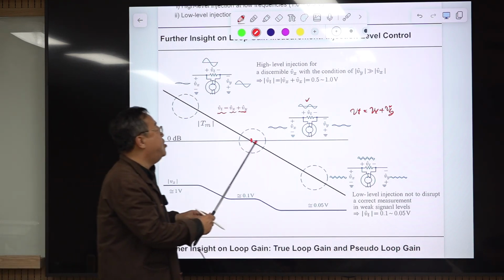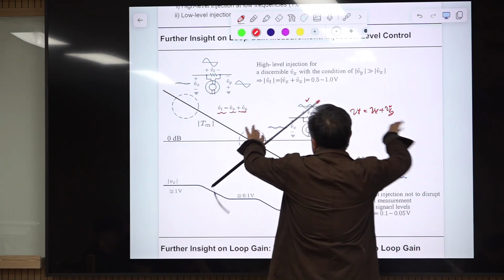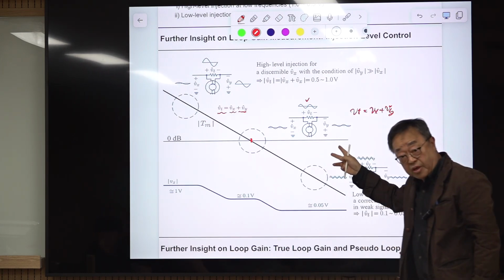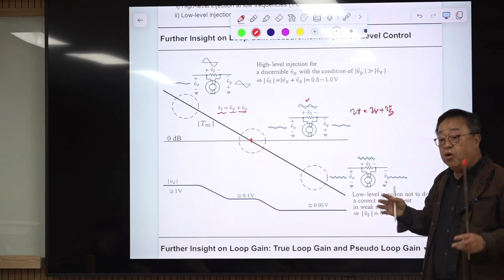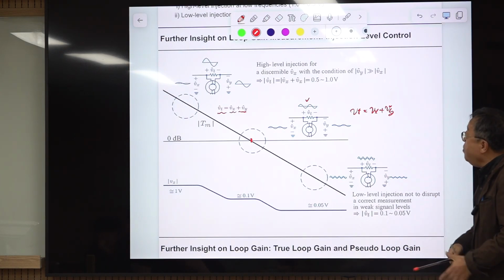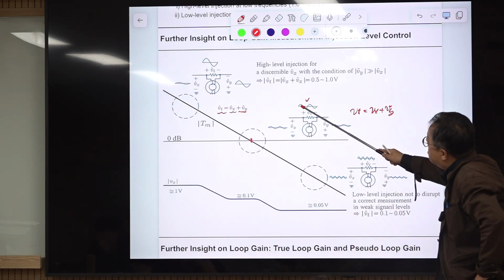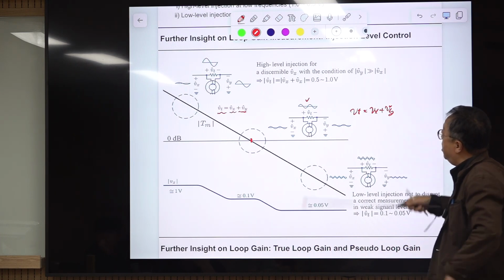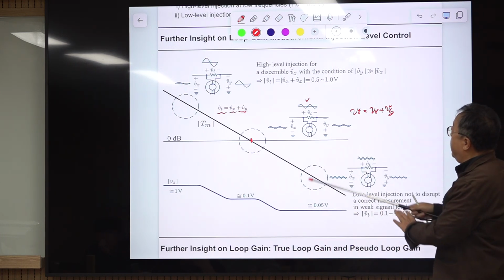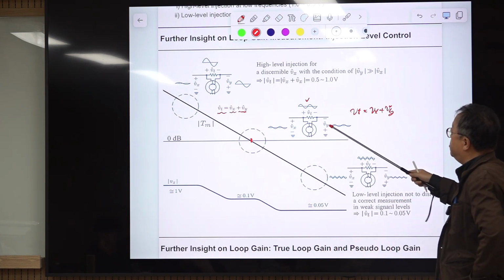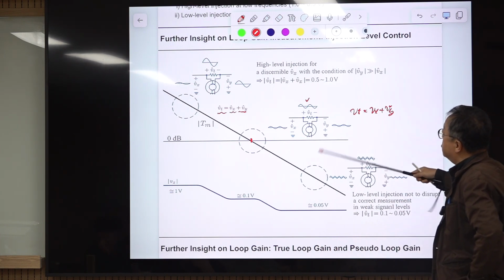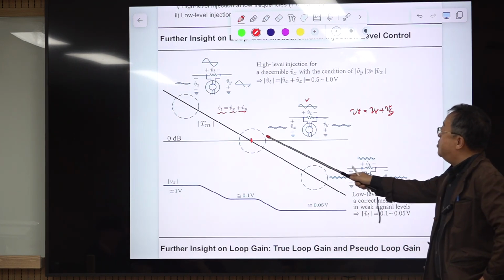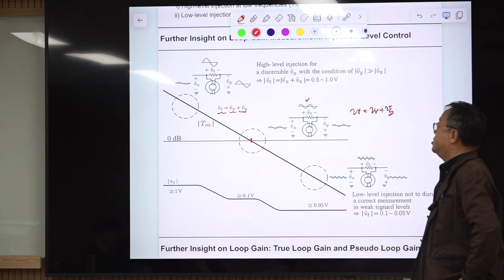This VT is equally shared between this and this. The magnitudes should be the same. This is the way to understand this measurement: it is divided into two equal magnitude signals, one appearing as Vx and the other appearing as Vy. The sum of these gives VT. This is the situation near this 0 dB crossover frequency.